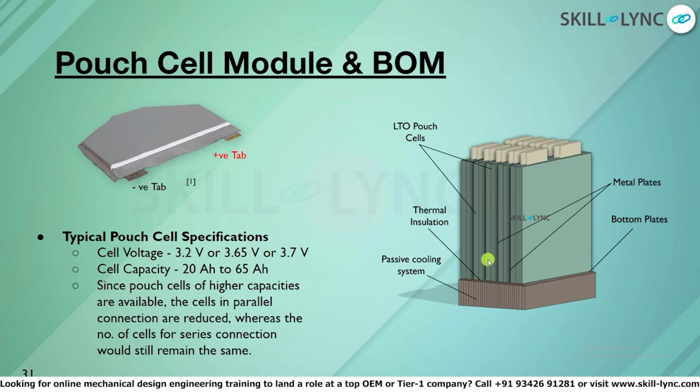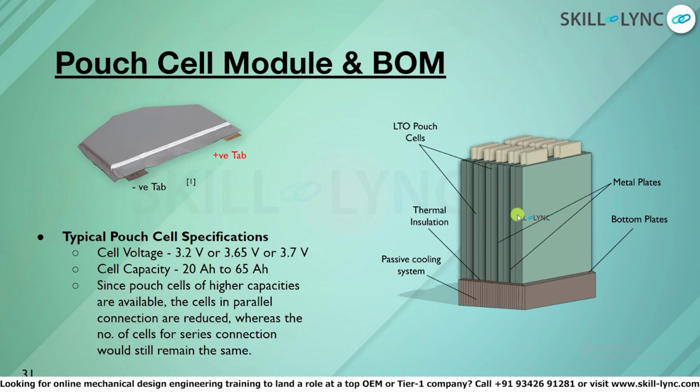That is in contact with the bottom plate, which could be a passive cooling system. All these lines are basically the fins. So you put a metal plate in contact with the cell body, and that metal plate is in contact with the heat sink below, so that all the heat generated by the cell is conducted to this metal plate, and that transfers it to the passive cooling system, which is the heat sink below. That's how you take away the heat as much as possible.